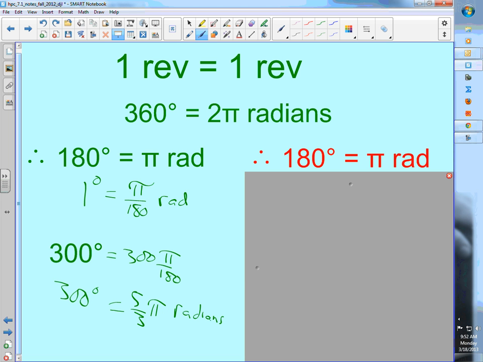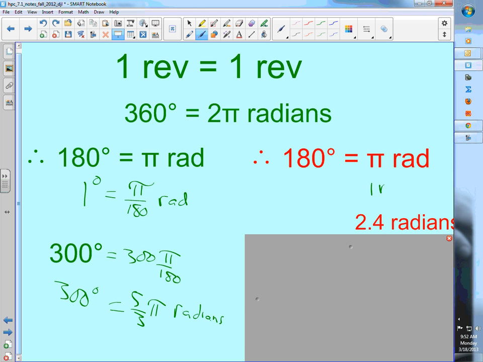If you have 180 degrees equals pi radians, and you want to know what 1 radian is equal to, what would you divide by? Pi. So 1 radian is going to equal 180 divided by pi.